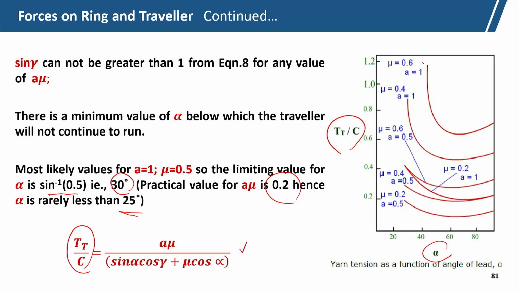For different mu and A combinations, we can see that T t by C decreases sharply, then it flattens, and at a later stage, with the higher angle, it is increasing. So, alpha is always typically more than 25 degrees.